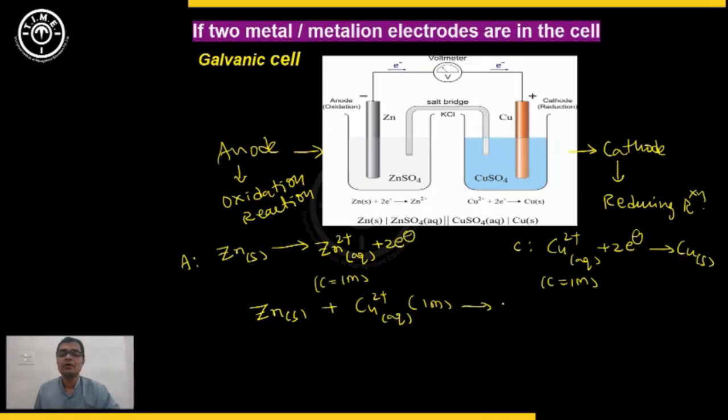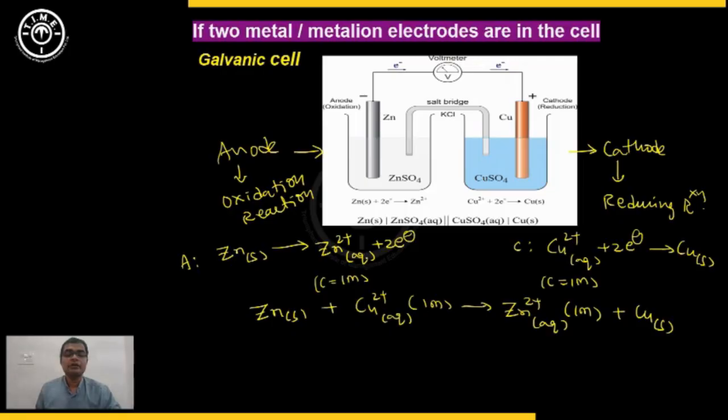Next, zinc is oxidized to Zn2+ here, where the concentration of the solution is 1 molar, and Cu2+ ion is reduced to copper. This is the overall cell reaction.